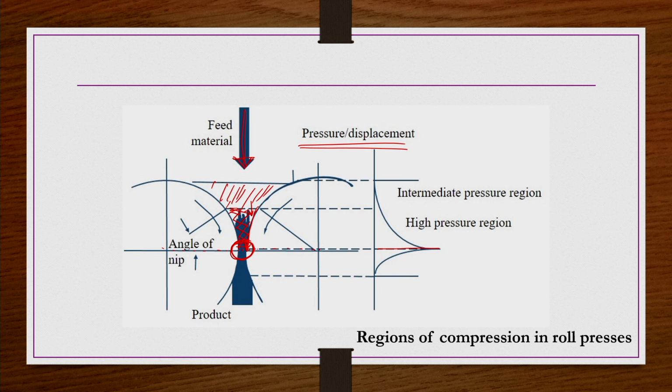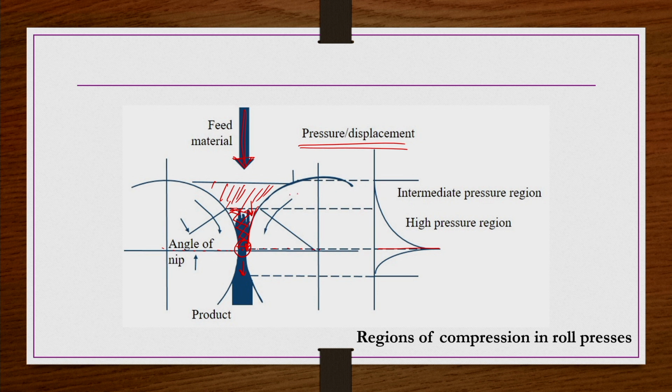At that point it is going to be the maximum. Then, as the material goes down towards the product section, the pressure decreases when it comes down here. As a product, the pressure gradually decreases here, right? These regions are shown here as dotted lines.